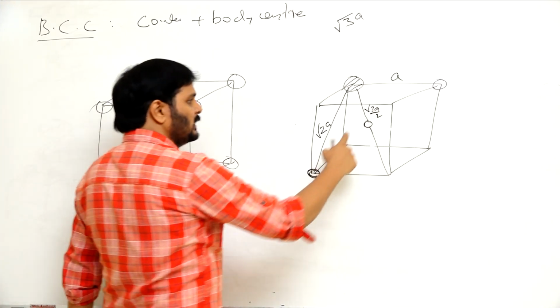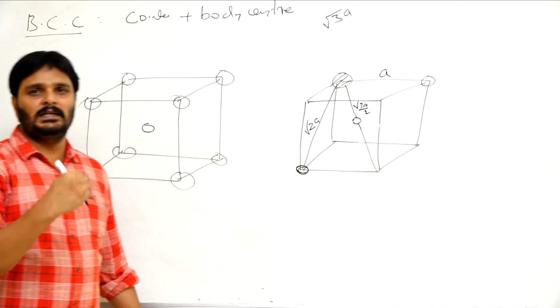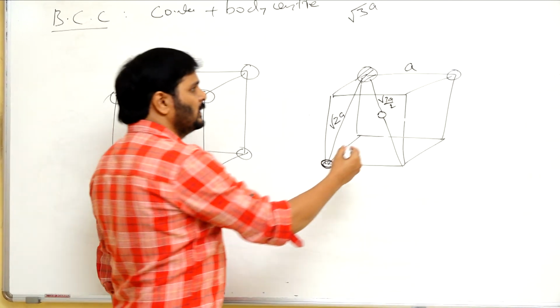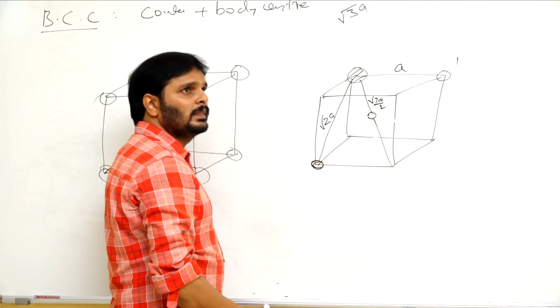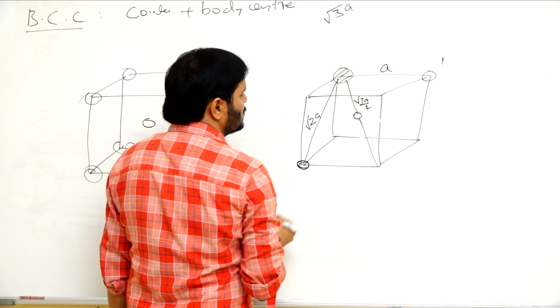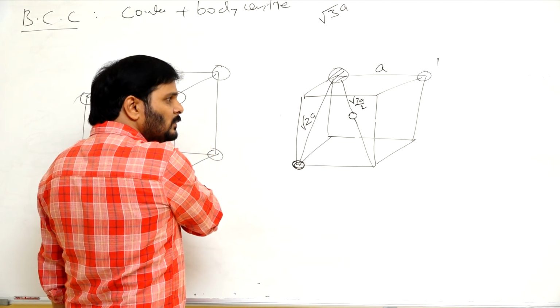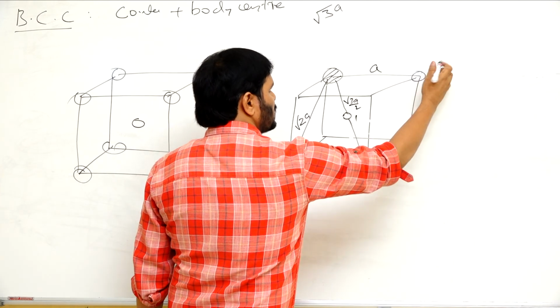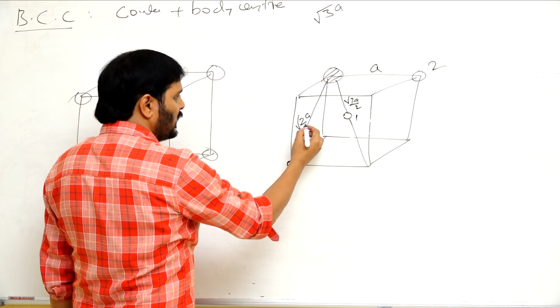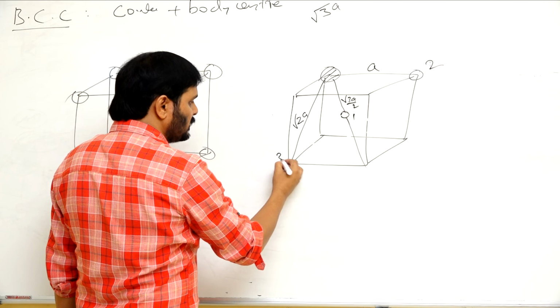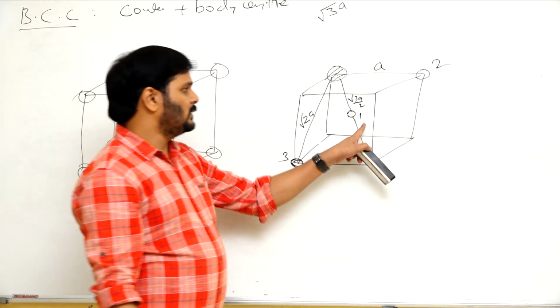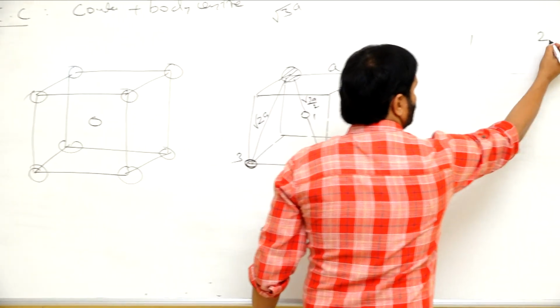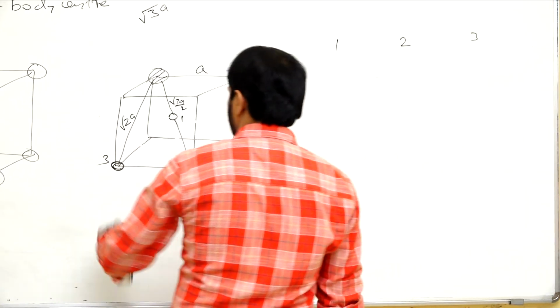So these are the 3 atoms separated with different distances. Say this is atom 1, this is atom 2, this is atom 3.